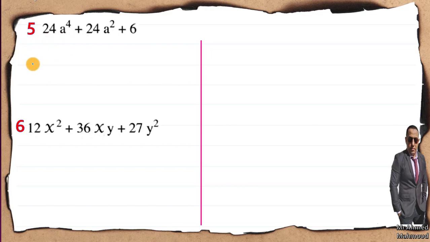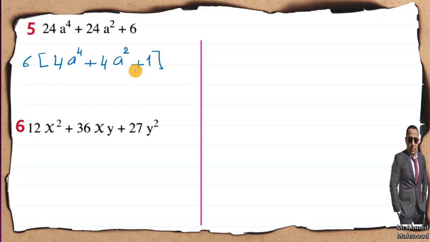Okay, so I'm going to write 6 and open a bracket like this, 24 divided by 6, 4a to the power of 2, 6 divided by 6 equal positive 1.